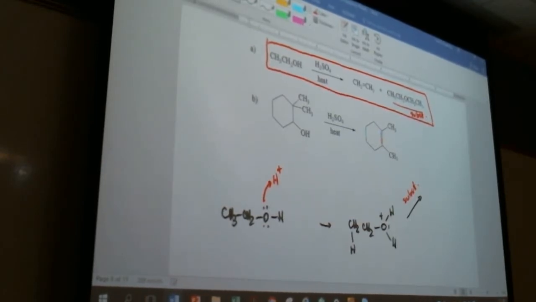A second molecule of ethanol comes in, attacks here, this leaves.